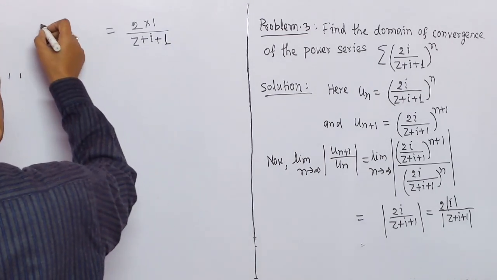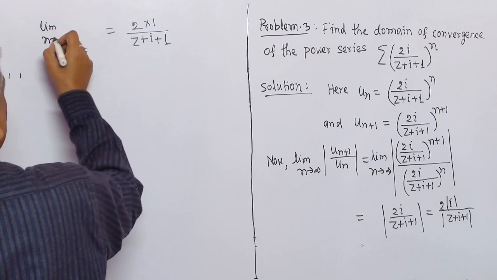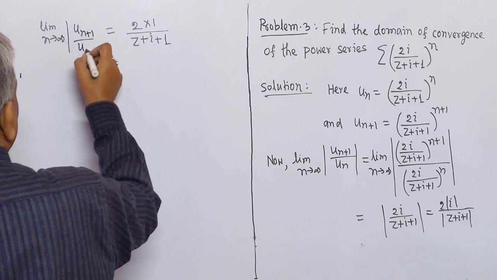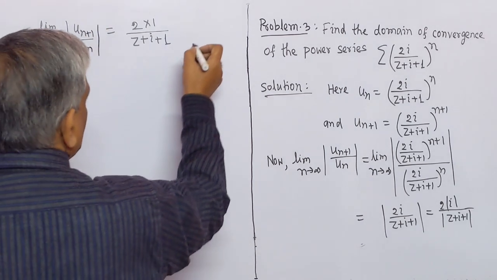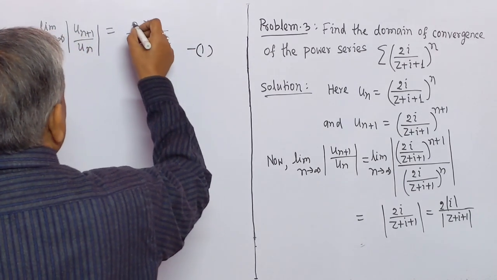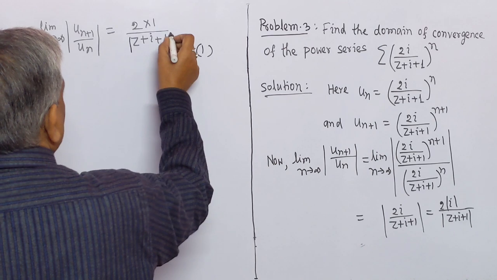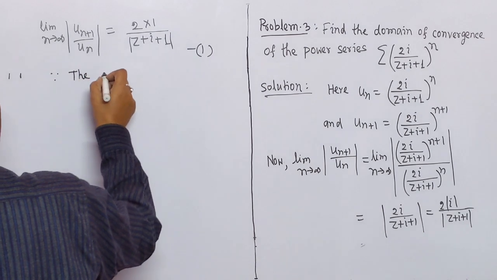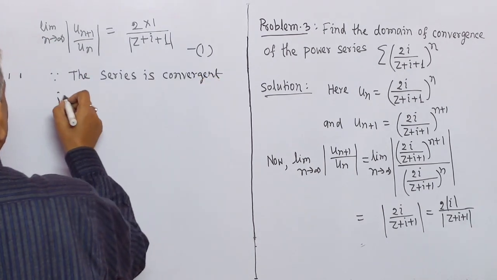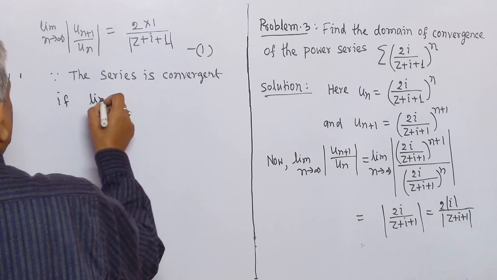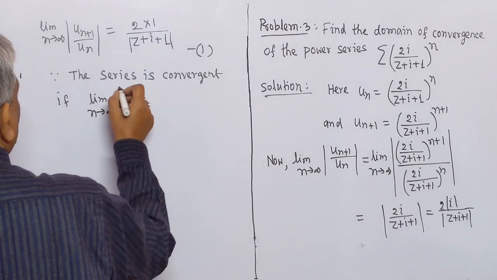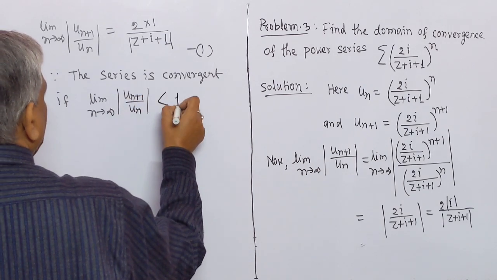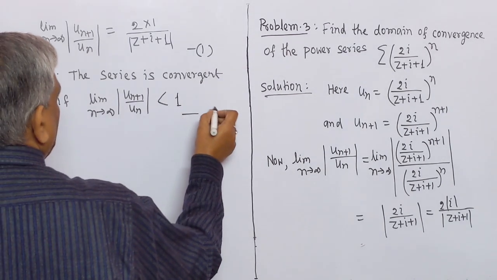Left side is limit n tends to infinity modulus of u_(n+1) by u_n. This is number 1, and this is modulus here. Since the series is convergent if limit n tends to infinity modulus of u_(n+1) by u_n is less than 1. This is number 2.